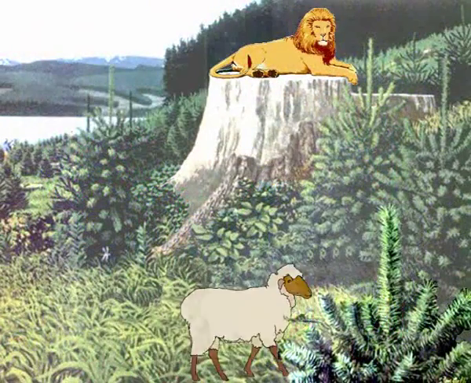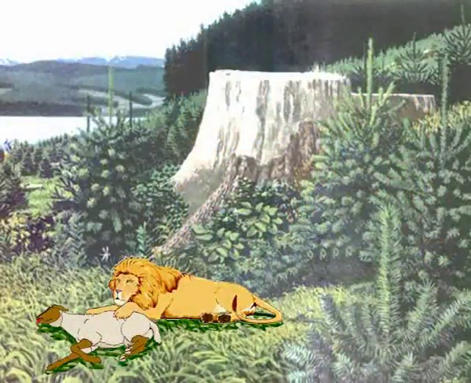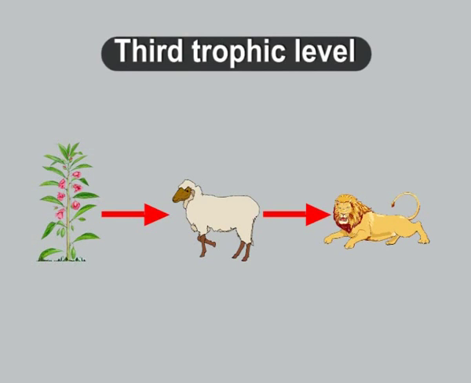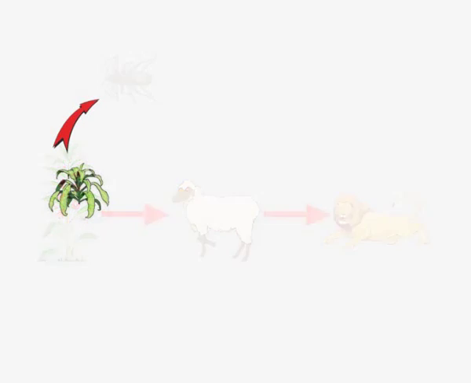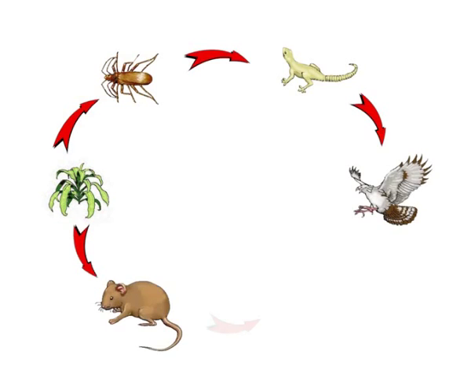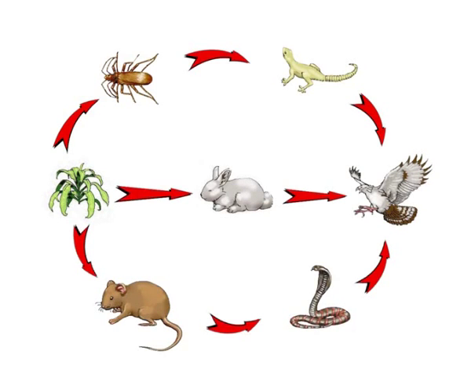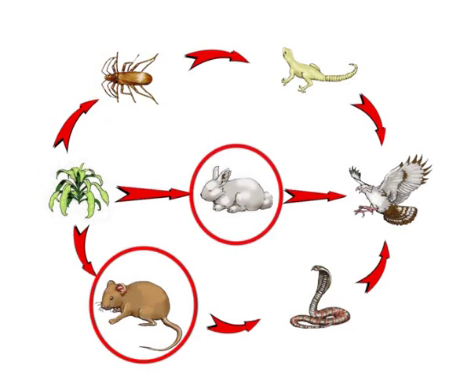When the sheep or herbivores are consumed by a lion or carnivores, the energy is transferred to the third trophic level. When this chain is interconnected with various other food chains, it is known as a food web, such as green grass or plants may be consumed by insects, rat or rabbit.